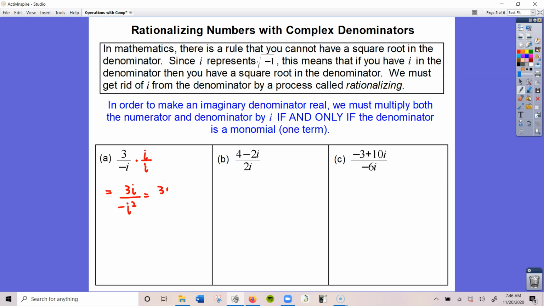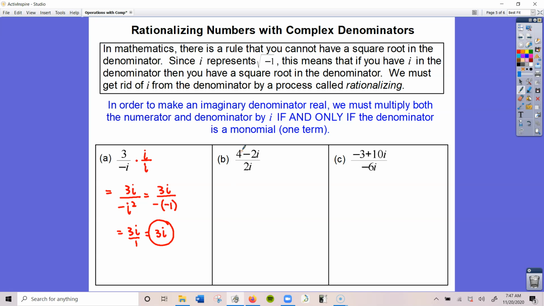Now 3i is just 3i, but negative i squared is negative 1. So this would give me 3i over 1, which is just equal to 3i. So now we no longer have an imaginary number in the denominator.